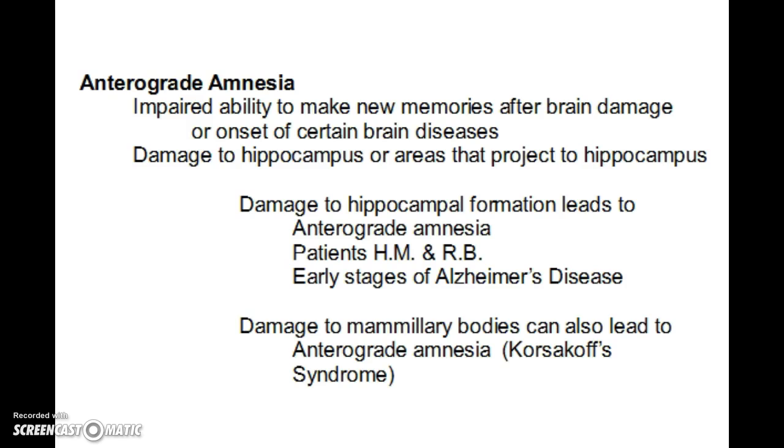Damage to the mammillary bodies can also lead to anterograde amnesia, which is a particular structure implicated in Korsakoff syndrome. And so again, it's important to note that the hippocampus itself may not be directly damaged, but if some of those inputs, such as the mammillary bodies, are damaged, the information that's going into the hippocampus is going to be affected, and that's going to influence learning and memory.